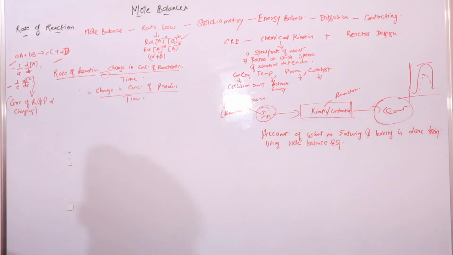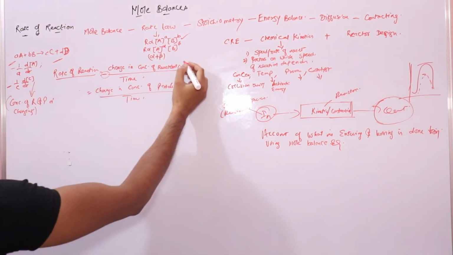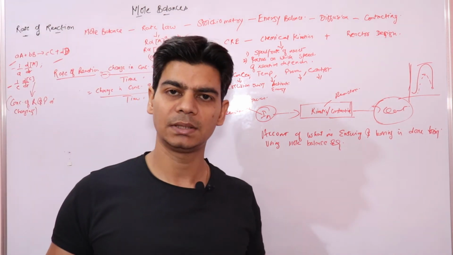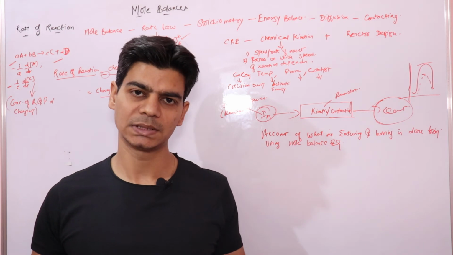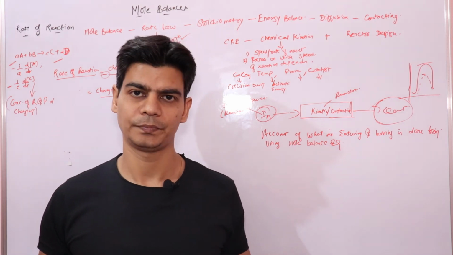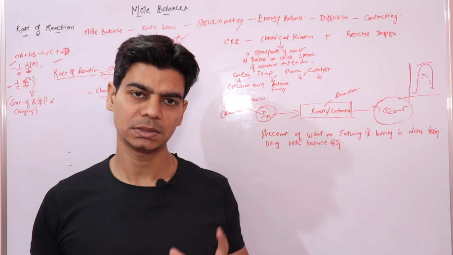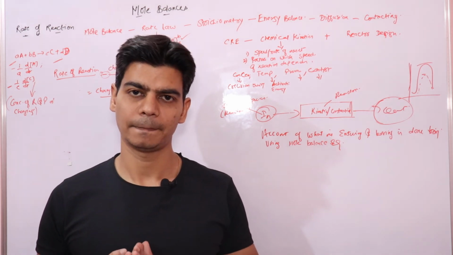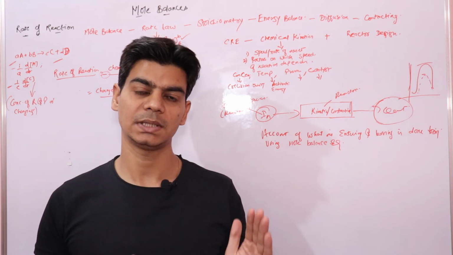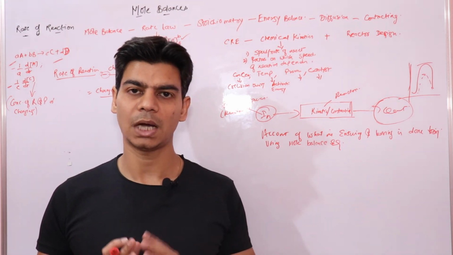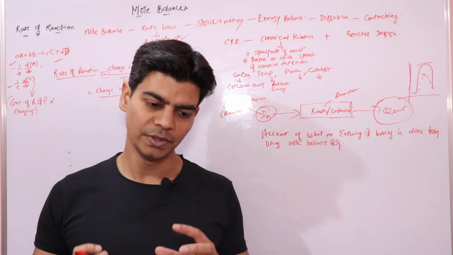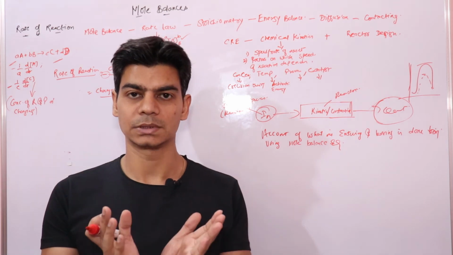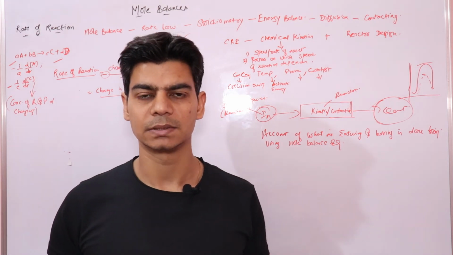Now let's look more into it. When we say a chemical reaction is happening, what is basically happening is that a chemical species is undergoing a change. Its identity is getting changed. When we talk about the identity of a chemical species, we mean the number, the kind, and the configuration of atoms that make that chemical species.